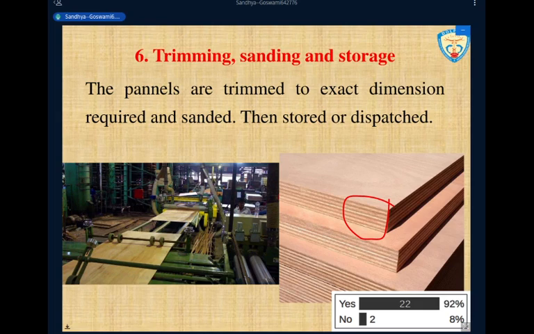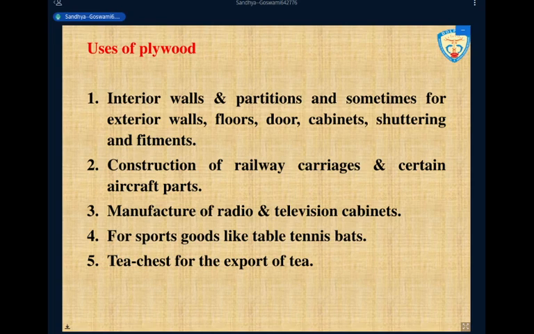Fine. So I hope with the answers I'm getting from you, it seems you have got the things. So today we will stop here at plywood. At last, I would like to tell you where you can use it, and then we will close the class. Normally you all can tell me so many uses of plywood.